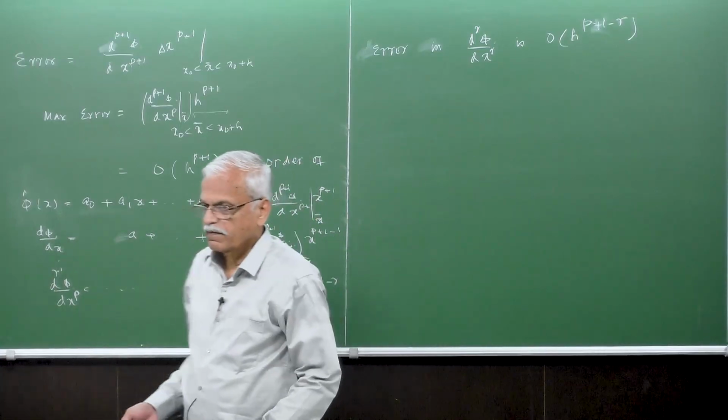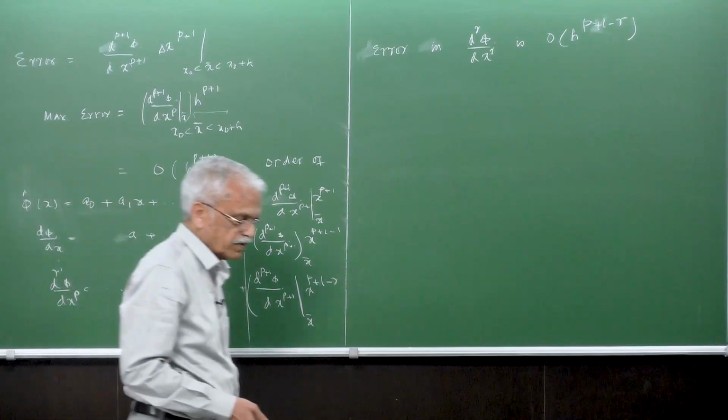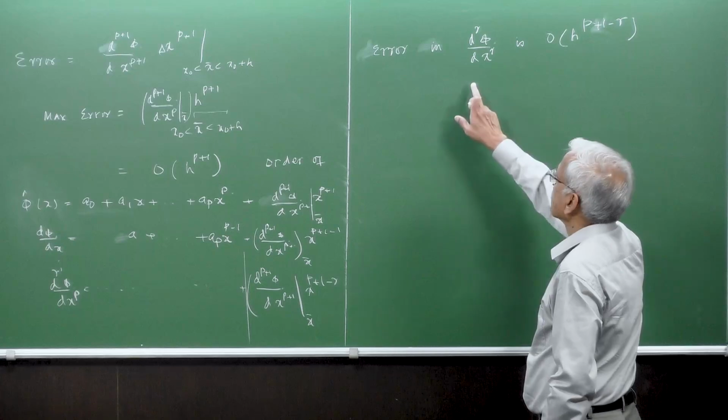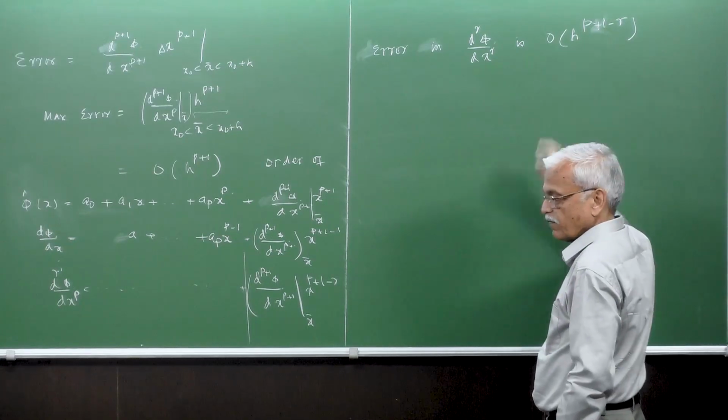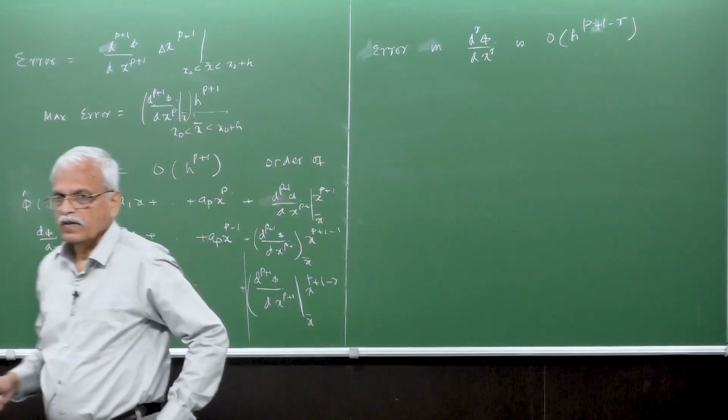So if the rth derivative is occurring in your formulation, either in the weighted residual or in the variational formulation, then you are committing an error of this order. So what is it that you want to achieve?